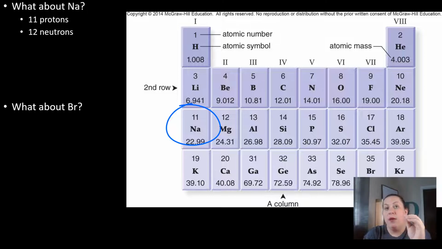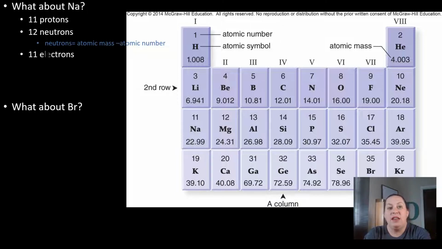Now remember, we want atoms to be neutral. So if I have 11 protons, those are positive. How many electrons do I need? I have to have 11 electrons. So this is how we find out the different components. The atomic number tells me the protons. The atomic mass is going to help me get the neutrons because I can do the atomic mass minus the atomic number.